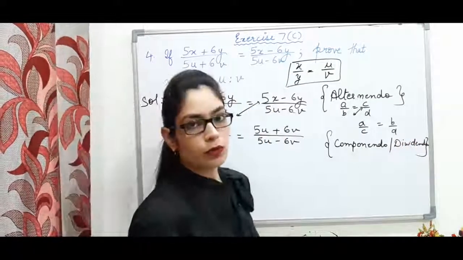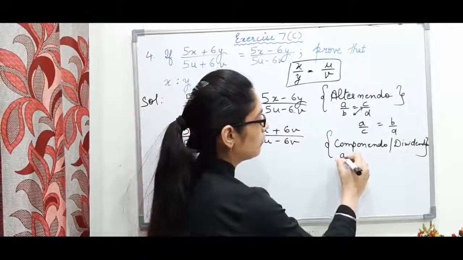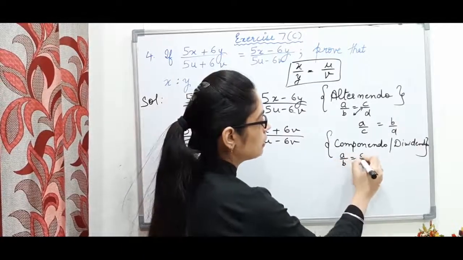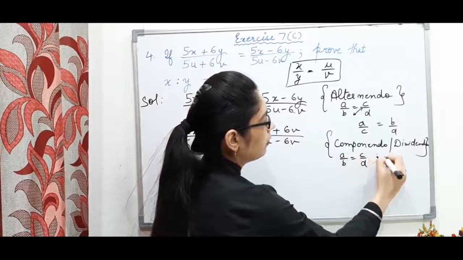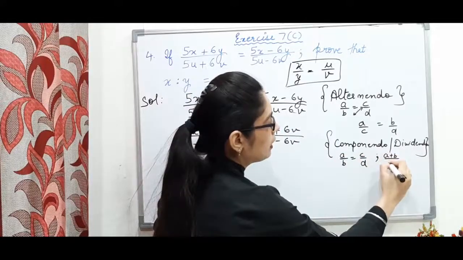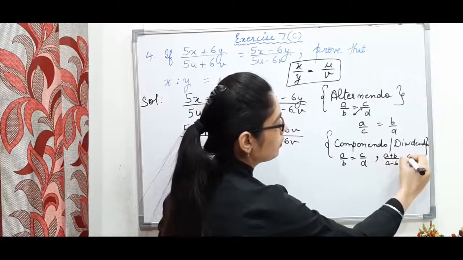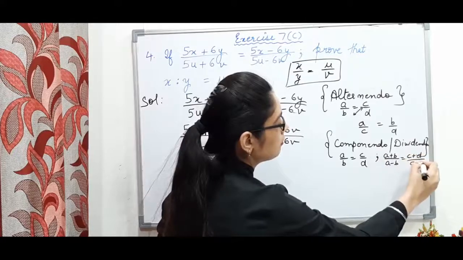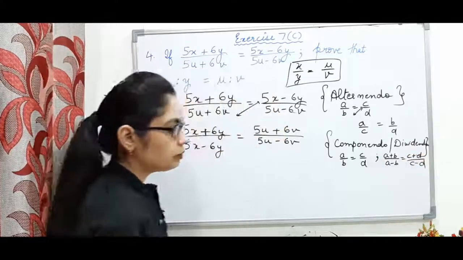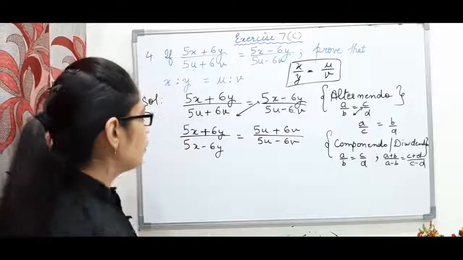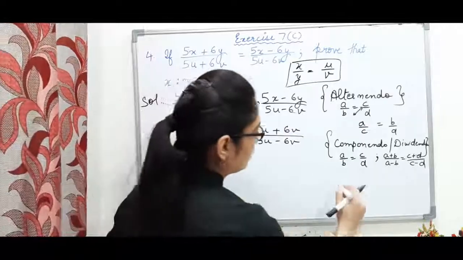According to componendo and dividendo, if a/b = c/d, then (a + b)/(a - b) = (c + d)/(c - d). Now you have to see what a, b, c and d are.